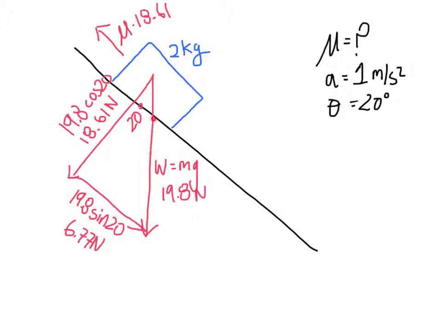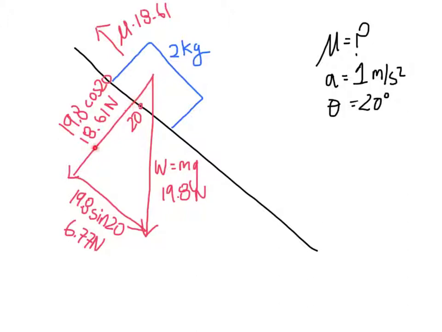That looks a lot more than 20 degrees, but here's our 20-degree angle, our right triangle, and our component of the weight parallel to the plane ends up being 6.77 newtons using SOHCAHTOA, and our component of the weight perpendicular to the plane will be 18.61 newtons using SOHCAHTOA.